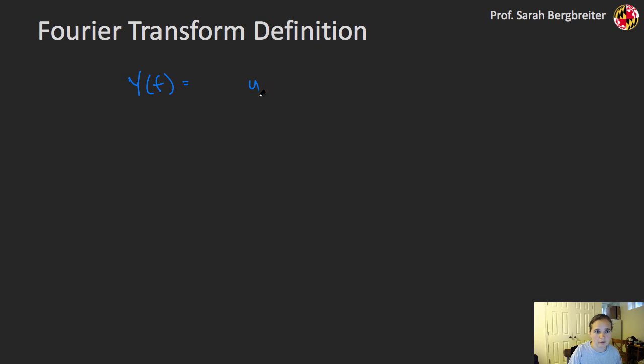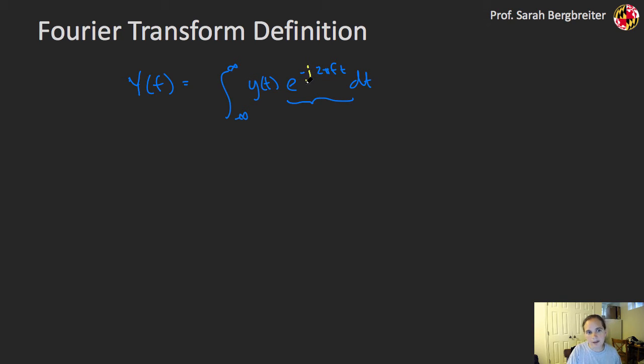If I'm doing something with y of t, my coefficients are going to use capital Y as typical notation. The capital indicates a function of frequency, the lowercase a function of time. So my Y of f is going to be an integral from minus infinity to plus infinity of y of t, and instead of multiplying by a cosine for some coefficients and a sine for others like we did with the Fourier series, now we're going to use this complex exponential.